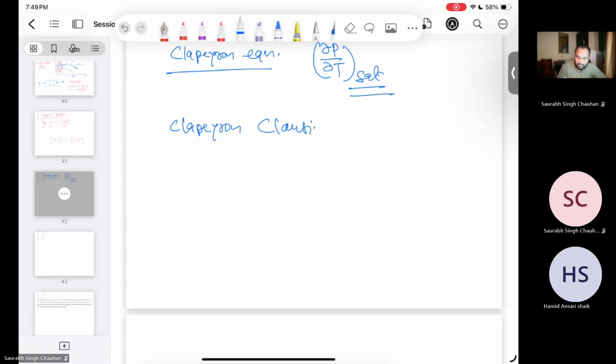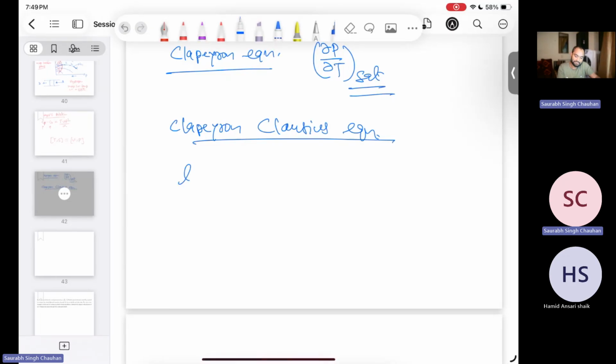You know that? It is using approximations. For very small specific volume of liquid and very small temperature changes, the latent heat of vaporization you can consider to be constant. And also you have to use the ideal gas equation, and then you'll get the simplified version.